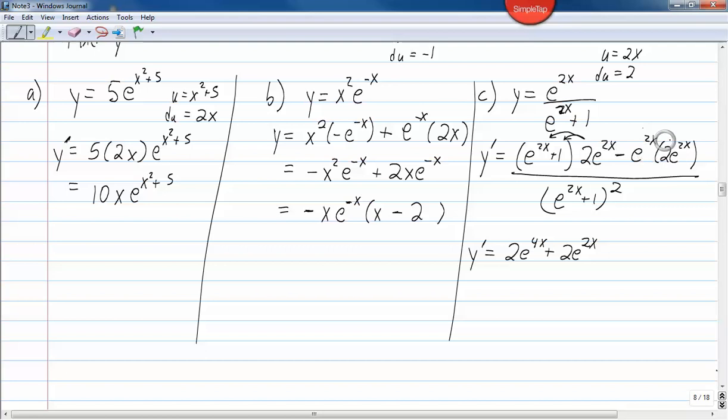Now multiply those two together, so it's going to be minus 2e to the 4x. Again, you have to add those powers, over e to the 2x plus 1 squared. You see these two terms cancel out. I'm just left with 2e to the 2x over e to the 2x plus 1 squared.